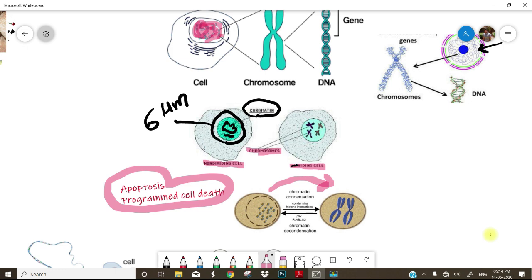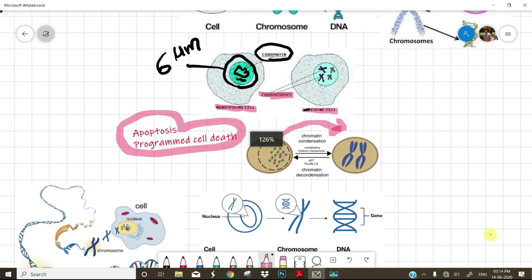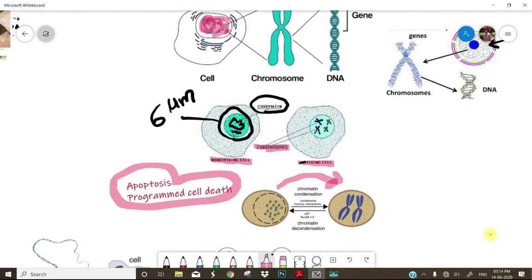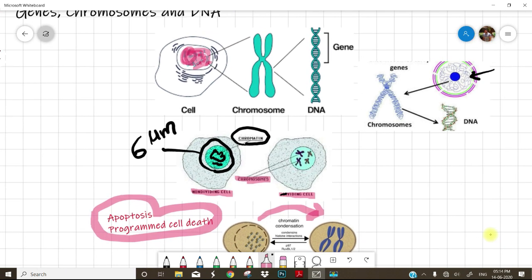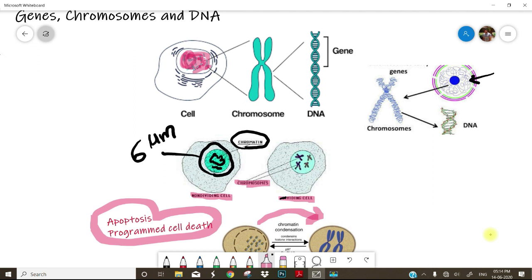Each cell contains 23 pairs of chromosomes. Chromosomes are actually an organized package of DNA. If you look at this image, you could understand that the chromosome is an organized package of DNA. These are all DNA. It is packaged or highly condensed.